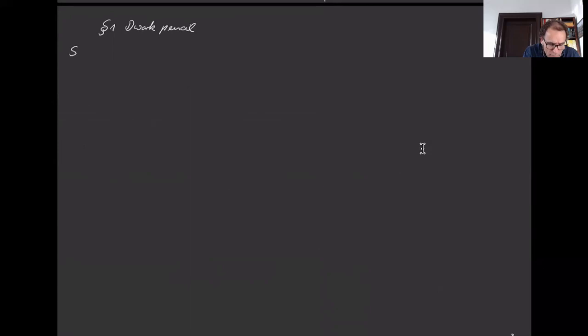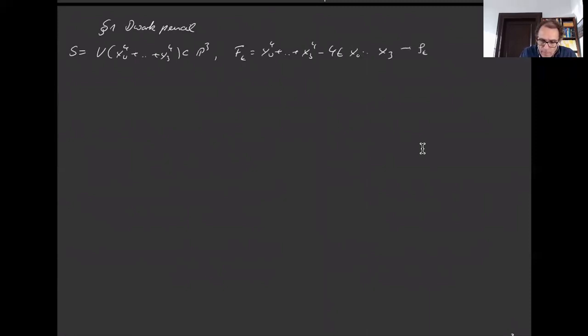So we start with the Fermat quartic in P3, and now deform the equation by one monomial, where we put in a factor T in front of it, and that's still a quartic equation, and we get quartic surfaces in P3, and in fact we get a family S over A1.